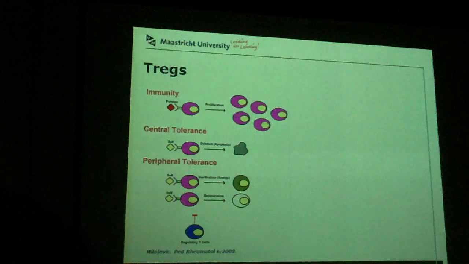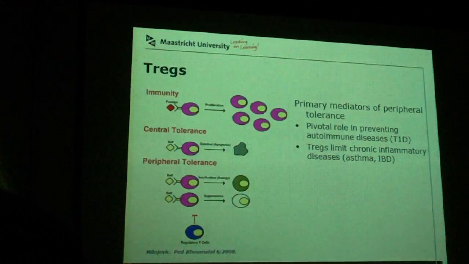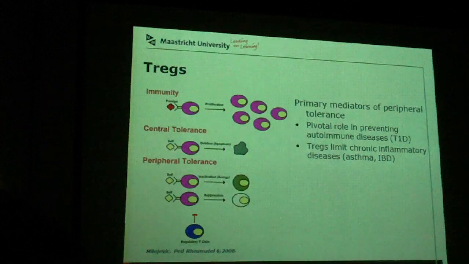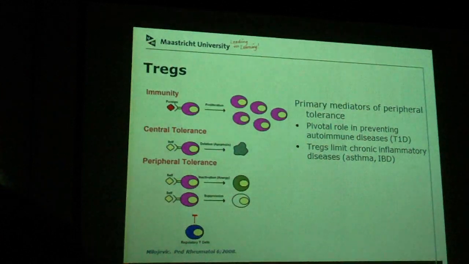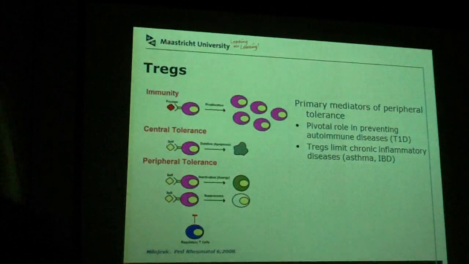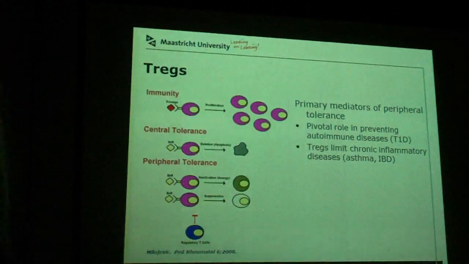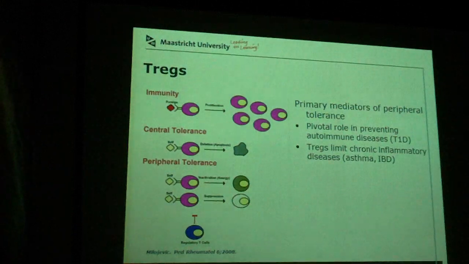And a very important cell to do this is the regulatory T cell. This means that regulatory T cells play a very important role in maintaining peripheral tolerance, so keeping cells with potential reactivity to self-antigens in check. Therefore, they have a role in preventing autoimmune diseases. And they can also limit chronic inflammatory diseases.